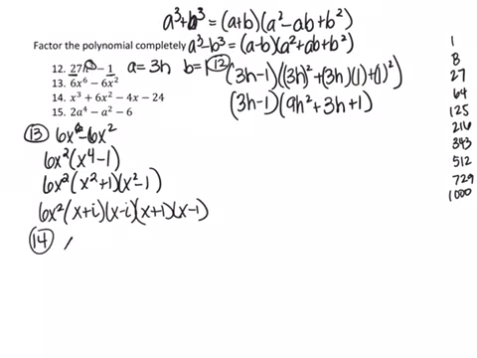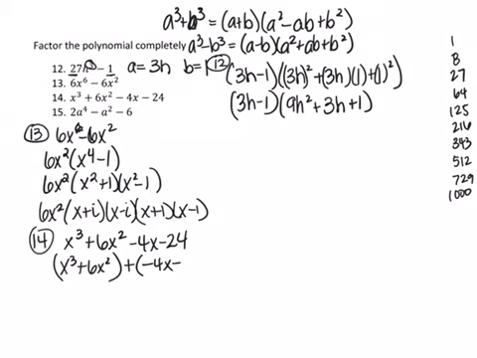14. When we have 4 terms, we should think factor by grouping. So we have x cubed plus 6x squared. We're going to group that together, plus negative, we're going to bring the negative inside, negative 4x minus 24. We can factor out an x squared, so we get x squared times x plus 6.